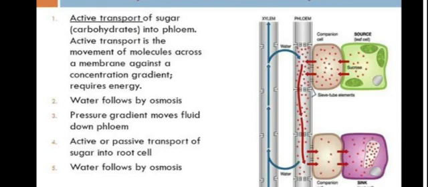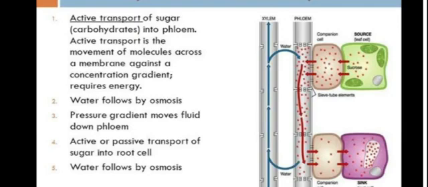Now what will happen? If there is more sucrose, then low water potential will be created. You know that when one thing is more, the other becomes less. So here the concentration of sucrose increases and the concentration of water decreases, so low water potential is created. Then, beside the phloem, xylem vessels are also there.